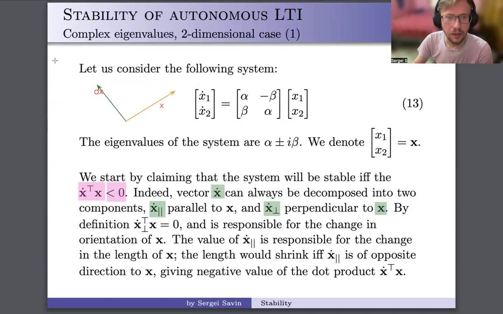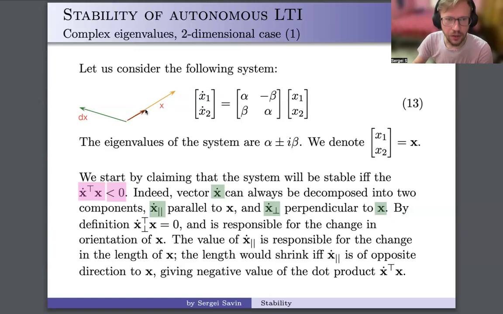Let me just see if I can rotate it a little bit more, maybe like this, just so the decomposition is more clear. So how would the decomposition look?